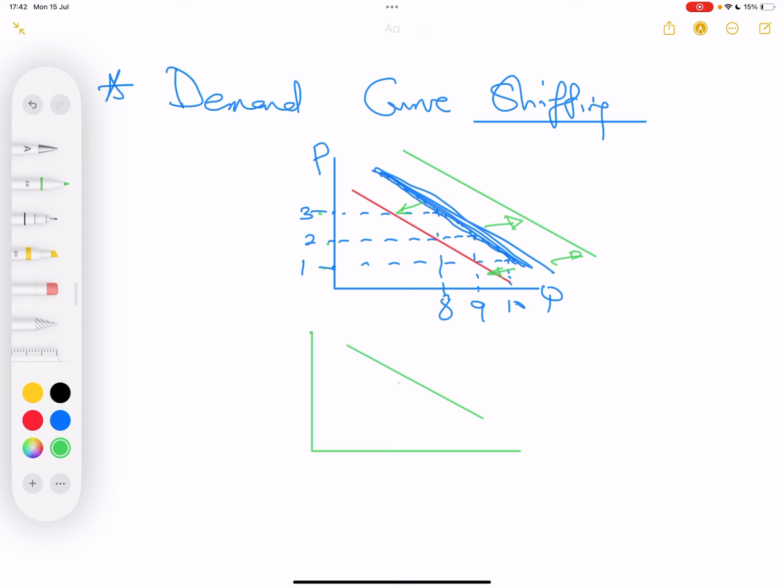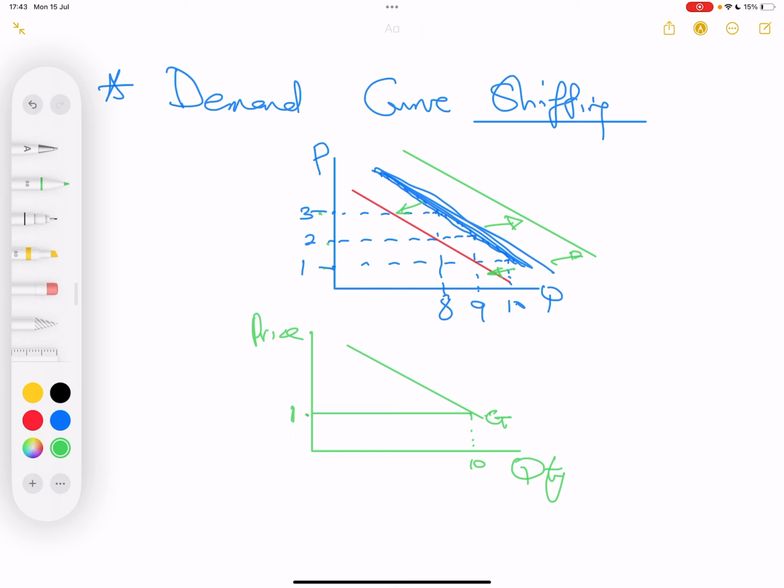And it means that the demand for this product that we're talking about, let's say this is product G, even at the same price, this price 1, this is price, this is quantity. If my taste has changed, even at this same price, because my taste has changed, the price does not need to change for me to reduce my quantity demanded.